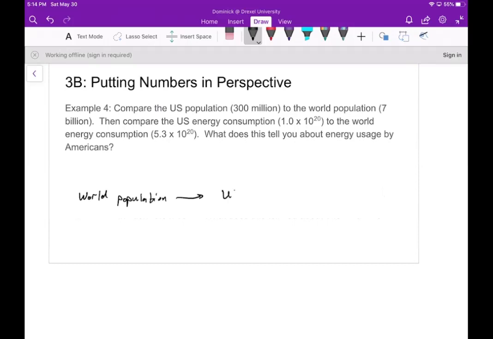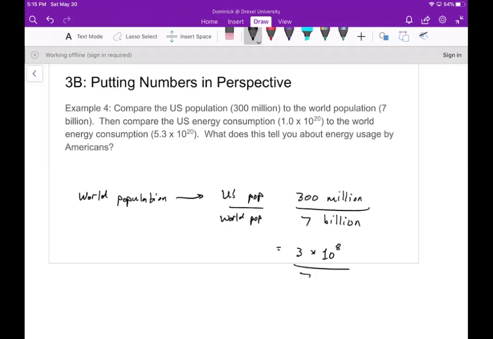So we have that the US population over the world population is going to be 300 million over 7 billion, right? Which we could do in scientific notation. This would be a 3 times, let's see, and if I add a million to that, so I would need 10 to the 8th, I believe, right? And if we have a 7 billion, that's 7 and then times 10 to the 11th, I think.